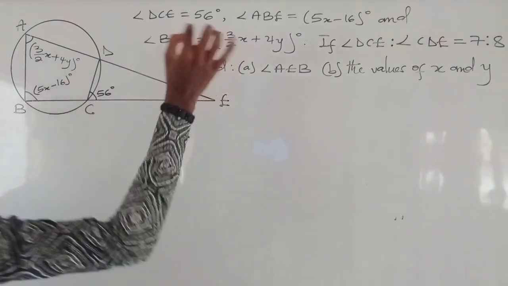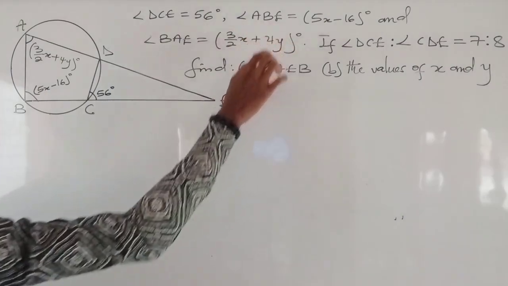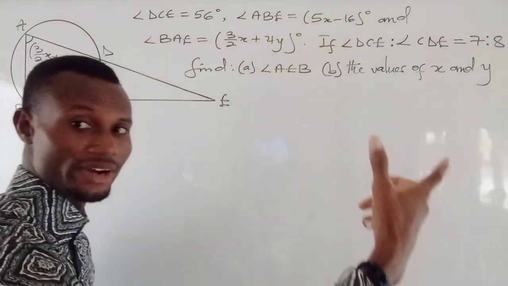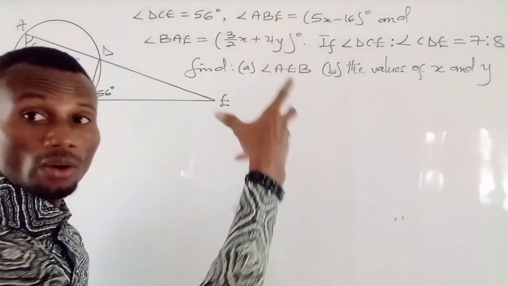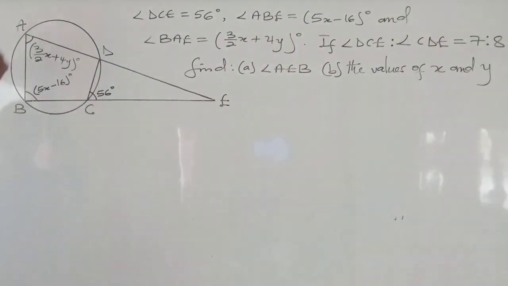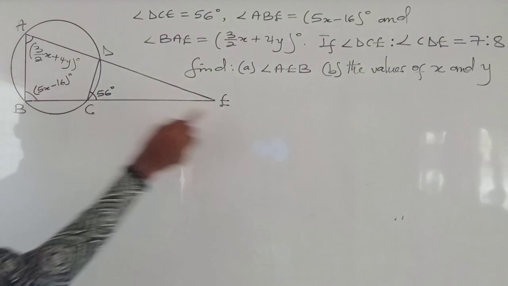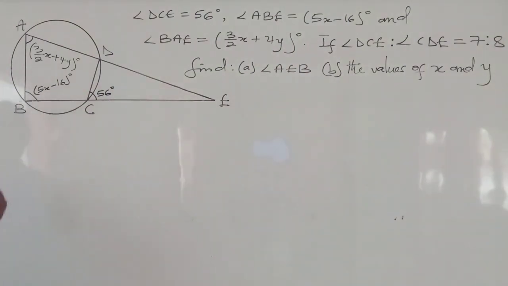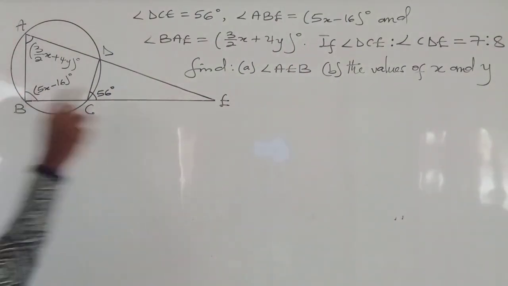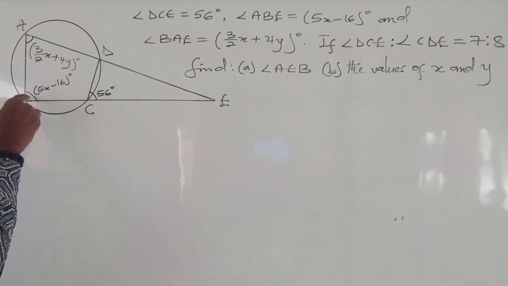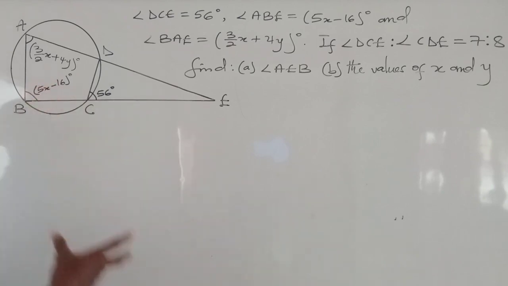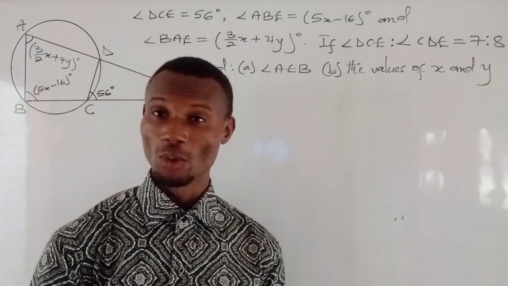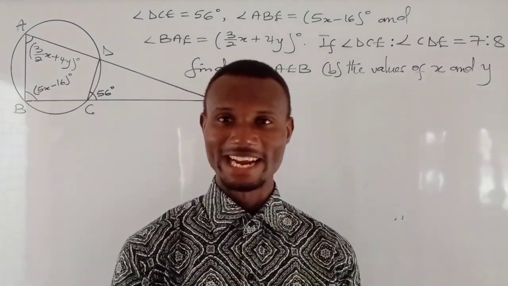The focus is on the middle letter, meaning that the 5s minus 16 degrees is formed at the middle letter, which is the B. So angle ABE is the angle formed on the B, the angle formed here, which is 5s minus 16 degrees. I hope the explanation is clear enough up to this point.